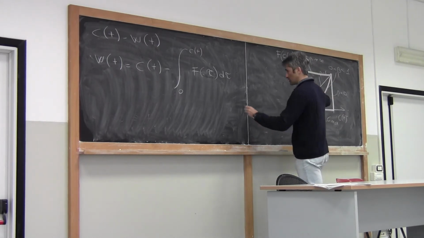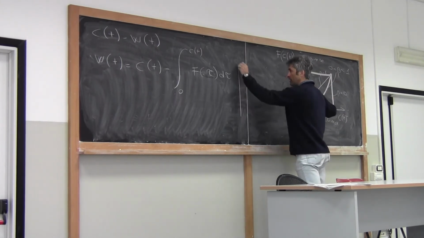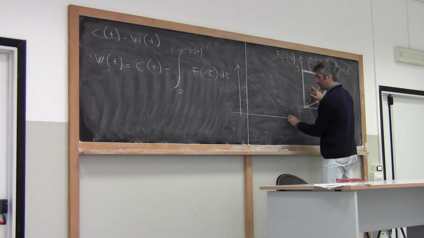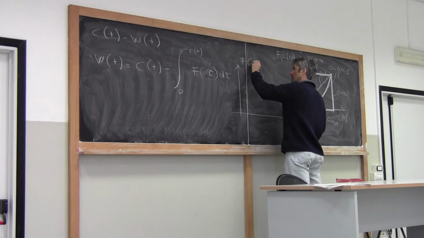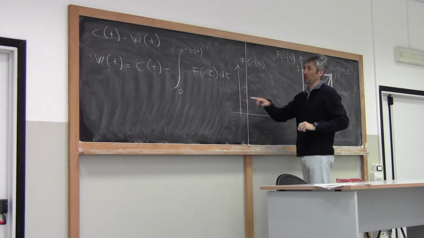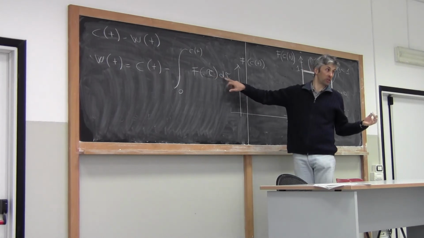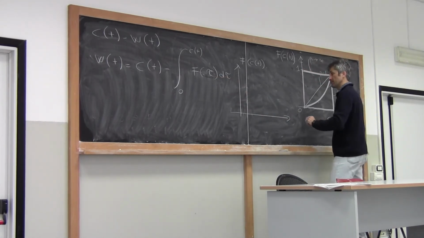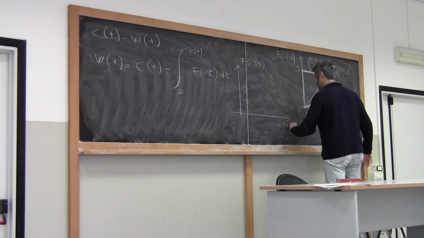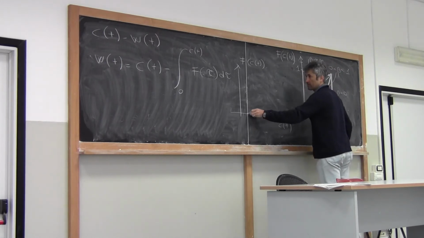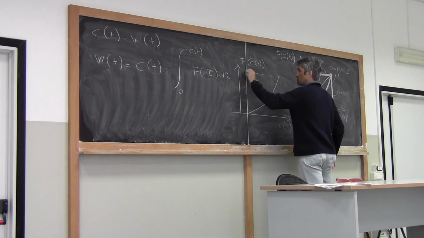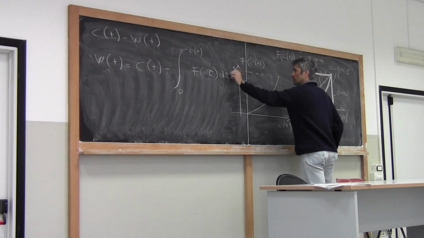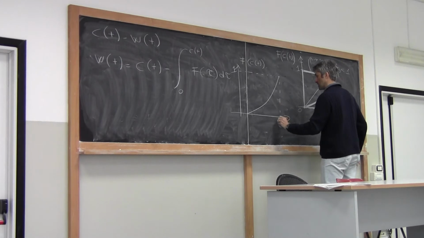I write again this graph here, because I want a clean graph. So this is F of Ct. Here I wrote F of tau because it's the variable of integration. And this is Ct. Let's assume that it has this shape. So this is 1, and this is C max.